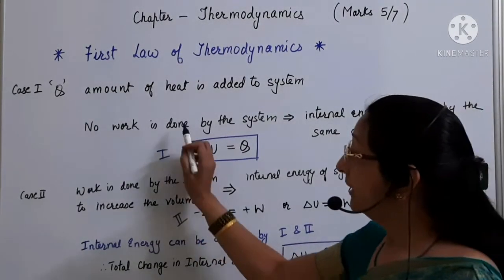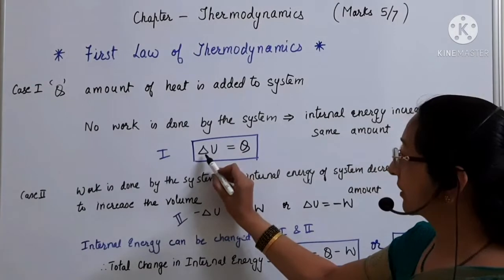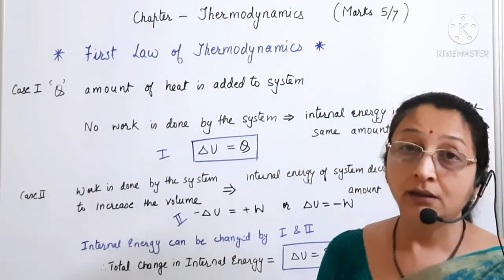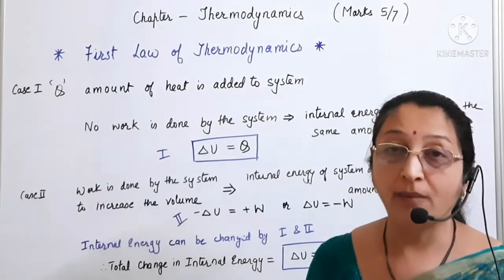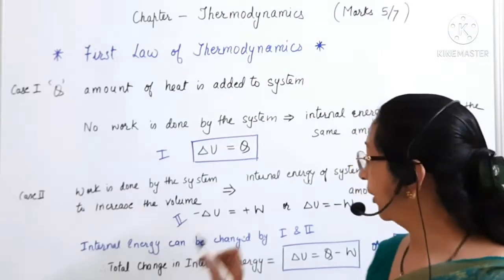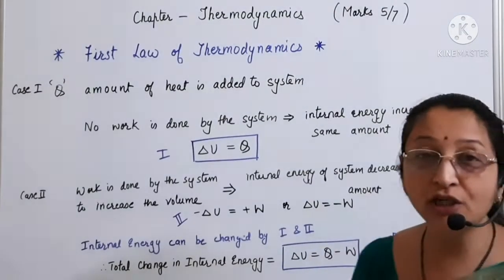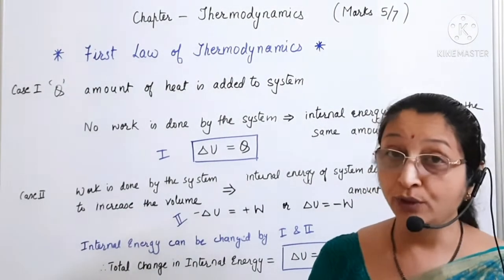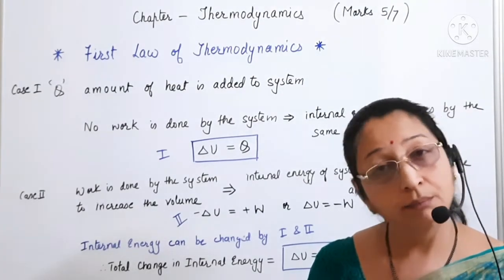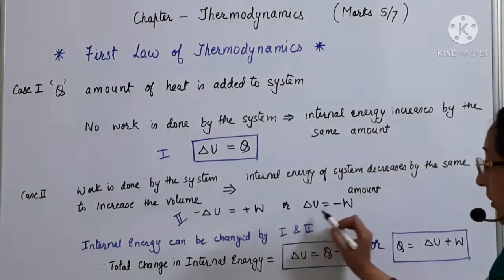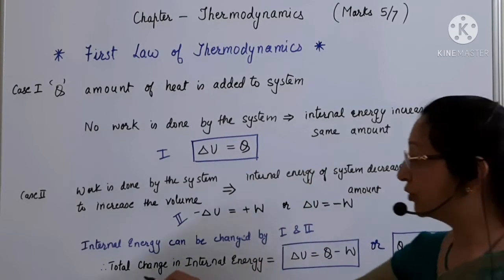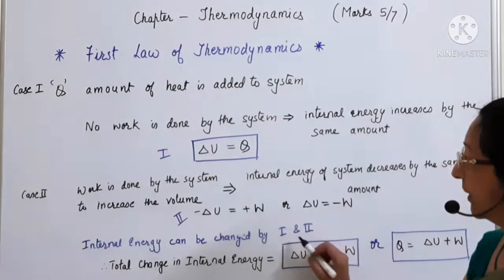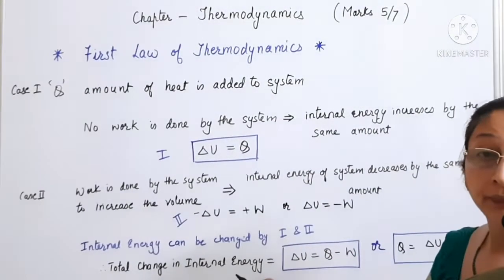So now in this way, the internal energy in case 1 is changed by giving heat from outside to the system, or the internal energy of the system can be changed by doing work by the system. So, from 1 and 2, the total change in the internal energy. आपण हे दोन्ही इक्वेशन एकत्र लिहिले तर how can we write it?